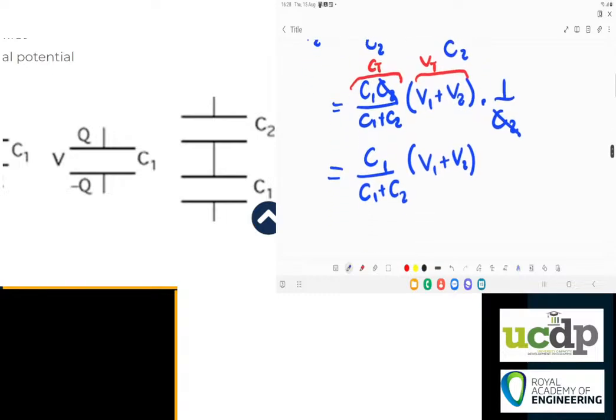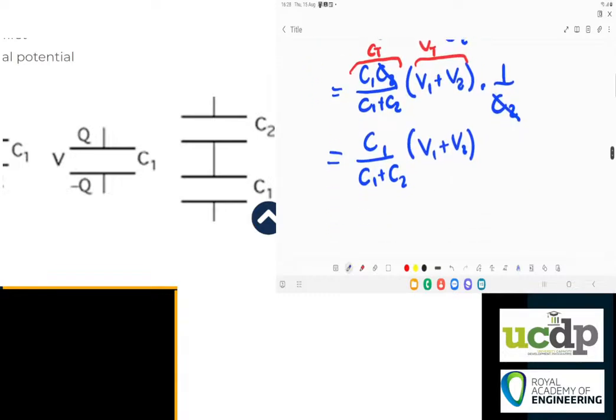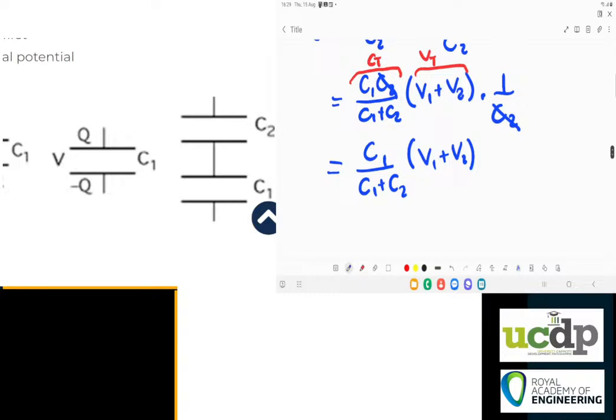This total voltage, V1 plus V2, we can simply express as V, the initial total voltage. So we have V2 in terms of the total voltage V that is given in the question.